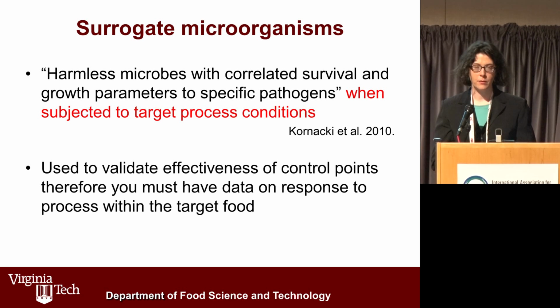And while what is in red was not in the original definition, I'd like to add this in: when subjected to the target process conditions, because this is really important.